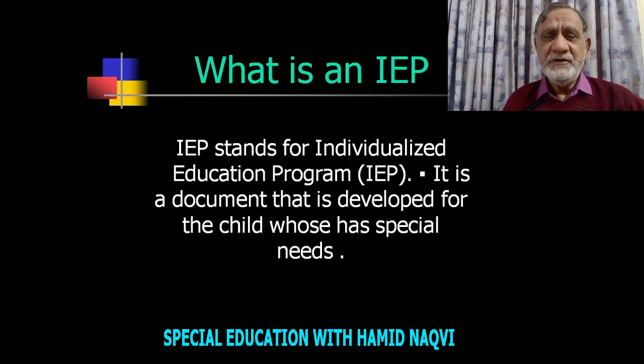And an IEP can be made for a special student who is studying in a special institution, but within his peers, all his special needs are not being looked after, and he has some particular need which has to be taken care of, for which an individual education plan is to be made and executed.